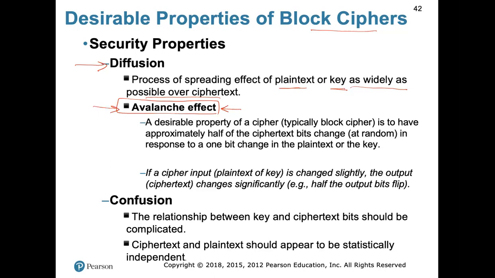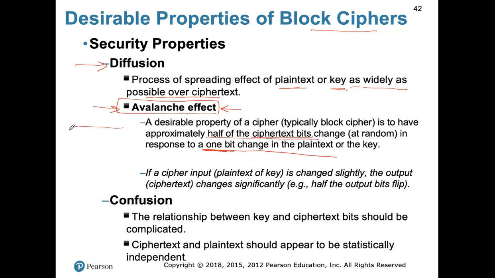But what it says is that if we change only one bit of the plain text, we should see more than half of the bits of the ciphertext changed.